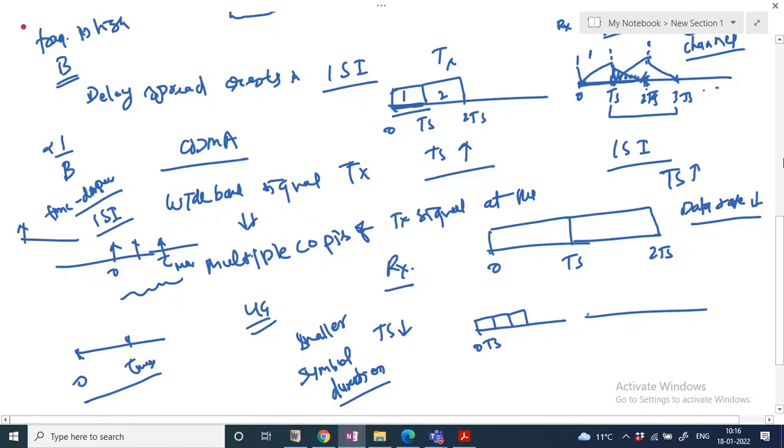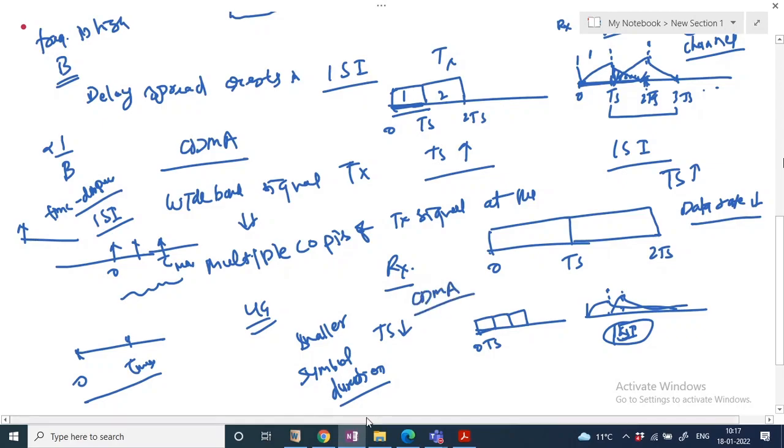So at the receiver, this inter-symbol interference, the ISI, is more severe because the symbol duration is small, so there is more overlapping at the receiver side. So this is severe inter-symbol interference. If you want higher data rate, then inter-symbol interference is a big challenge using this CDMA technology.